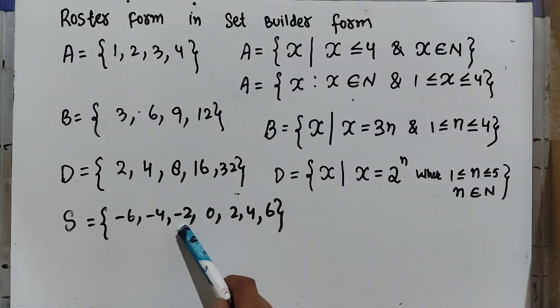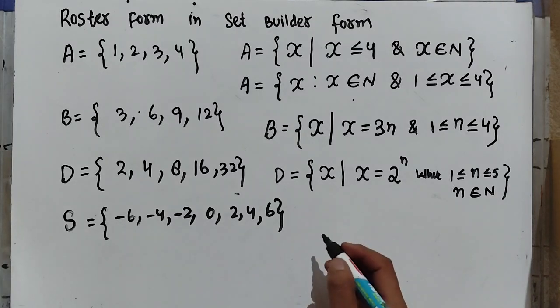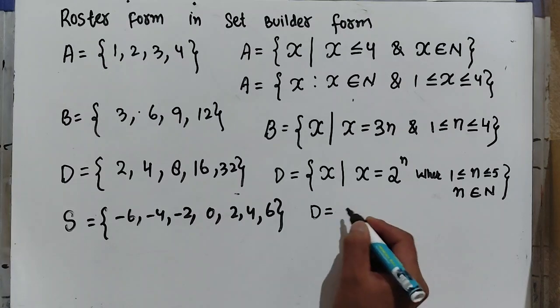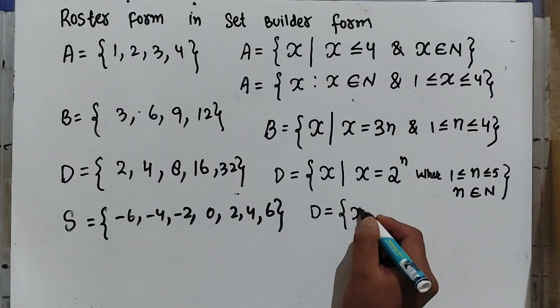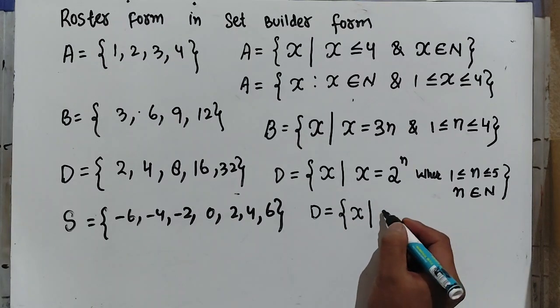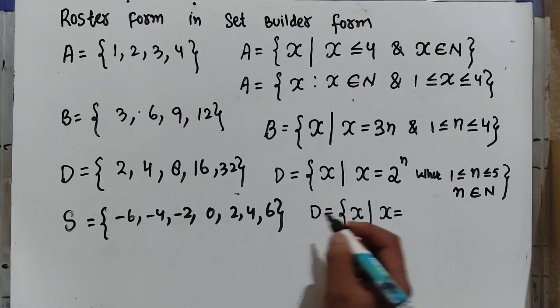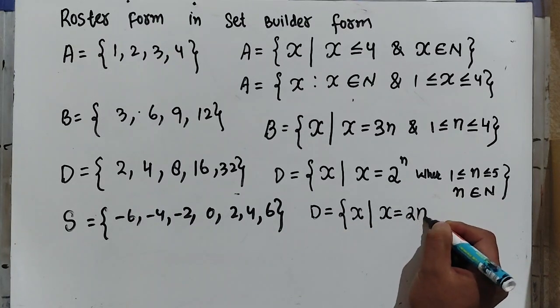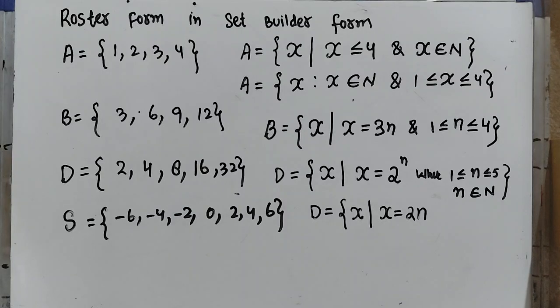These are all multiples of 2 here. But we have negative numbers also. So can we write it in set builder form like this? We can write the set of all x's such that x is equal to 2 times n. Now what is n here?